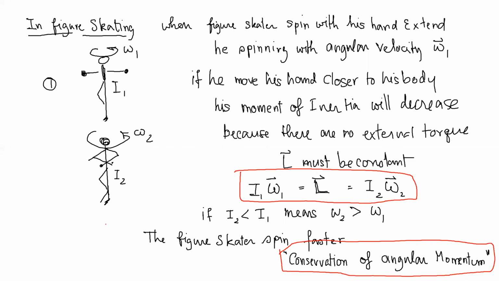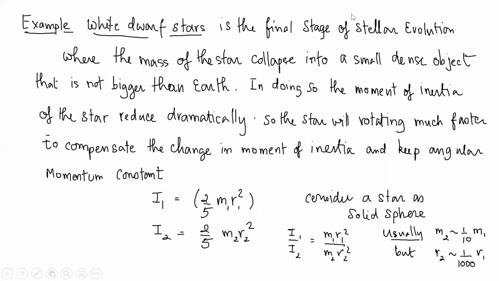Once they pull their hands back in, the moment of inertia is lower. In order to keep the angular momentum constant, the lower the moment of inertia, the higher the speed. So we can use conservation of angular momentum, just like conservation of momentum.